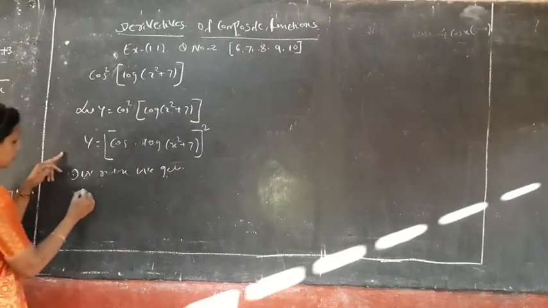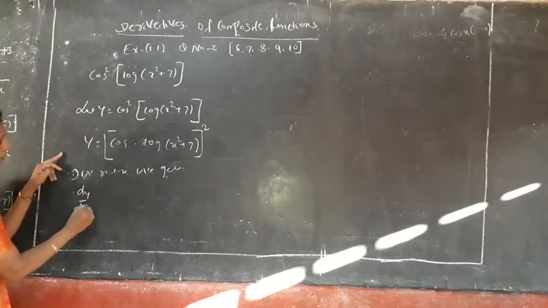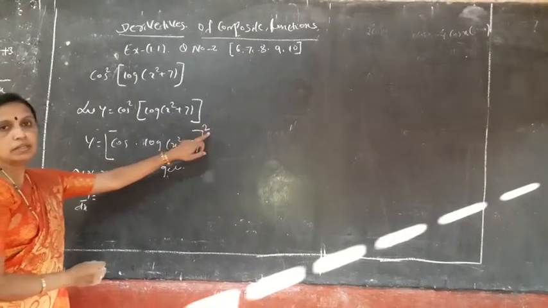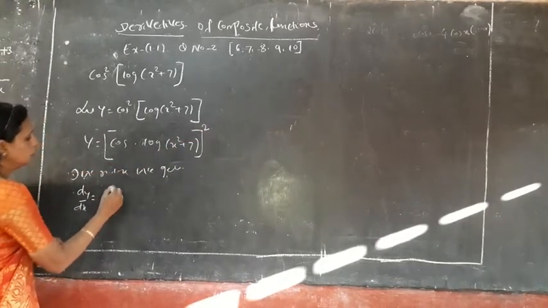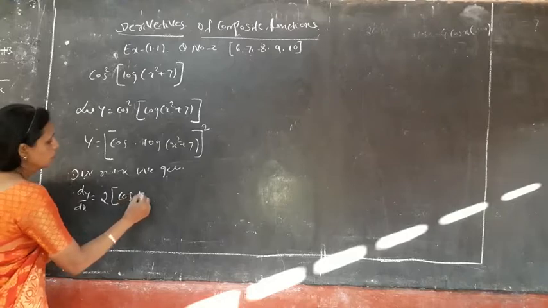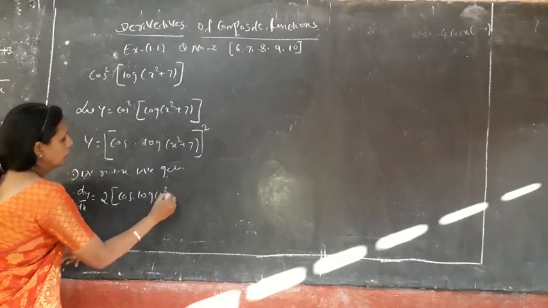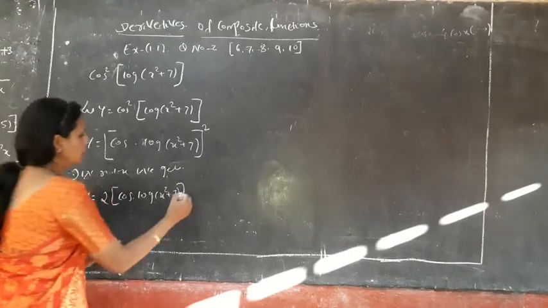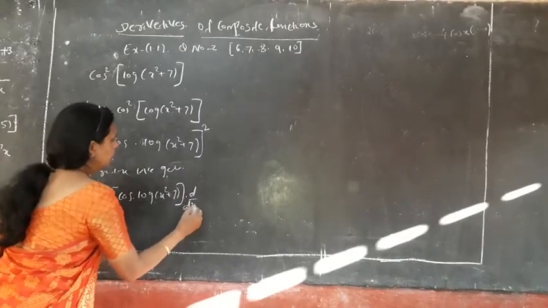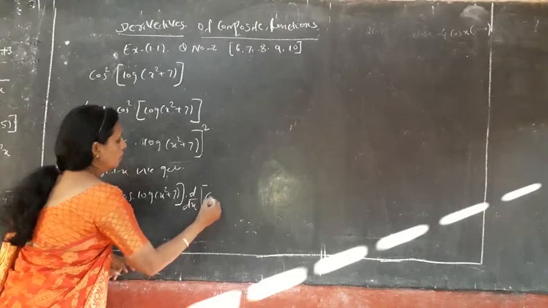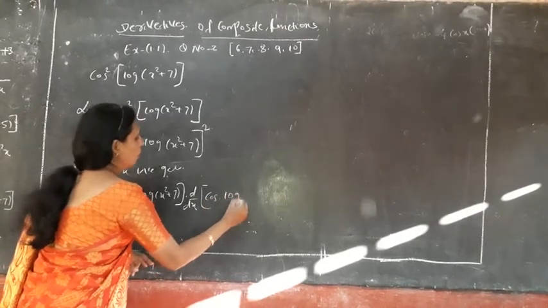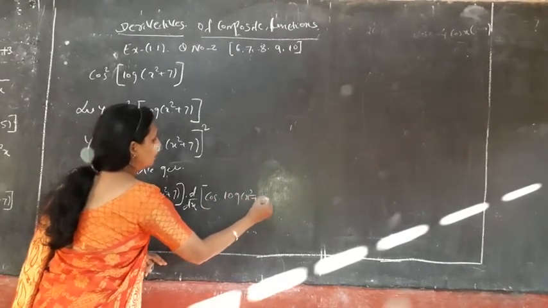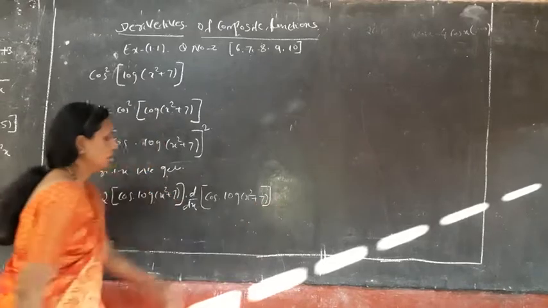we get dy upon dx. See here, first n equal to 2, write here 2 cos of log of x square plus 7, 2 minus 1 gives 1, into differentiation of cos of log of x square plus 7.